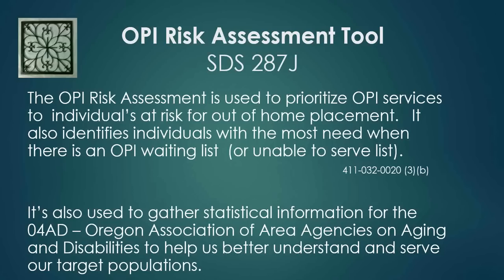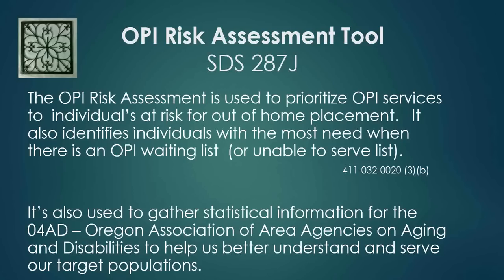If we're really going to keep to the ideals of the OPI program and meeting the people who have the greatest need, then we will use the OPI risk assessment tool to kind of tell us who are the people at the highest risks and maybe put those at the top of our list. You may have a different process and different priorities in your local office, and we just ask you to follow your local office procedures.